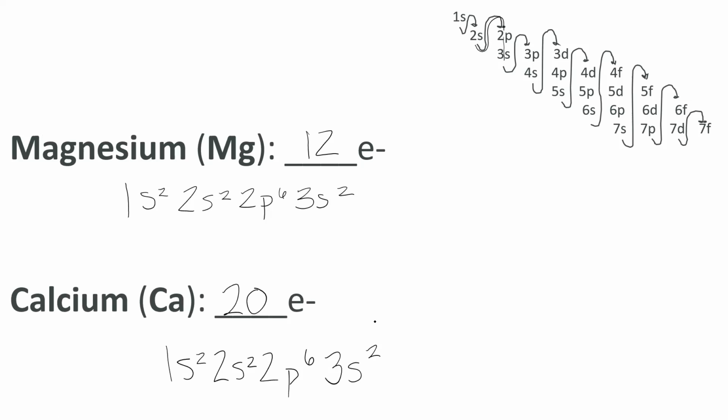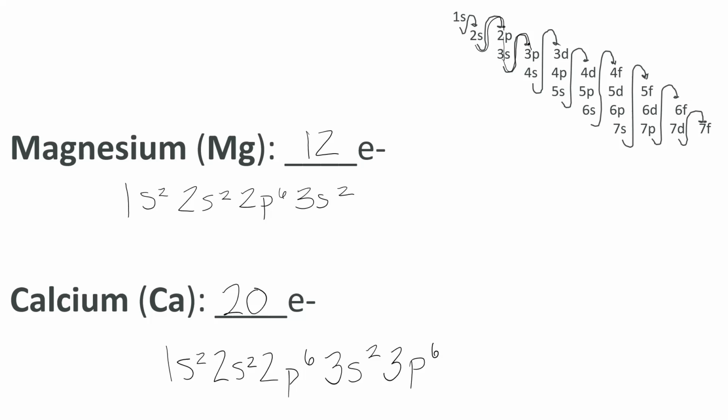I still need more. So then I follow the arrow up to 3p. 6 is all I can put in there. 2, 4, 10, 11, 12, plus 6 is 18.